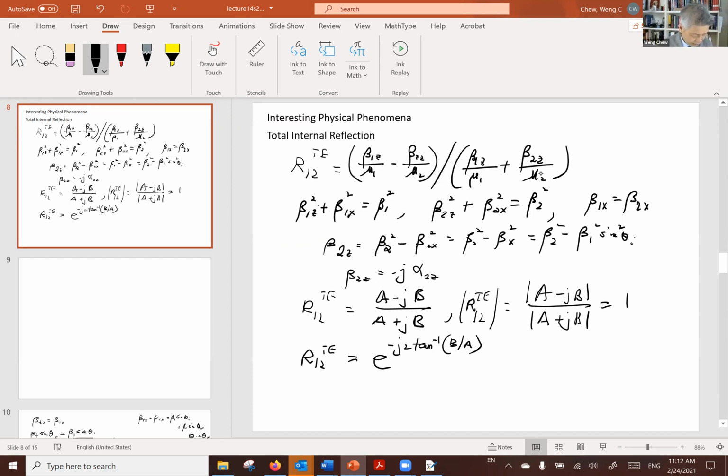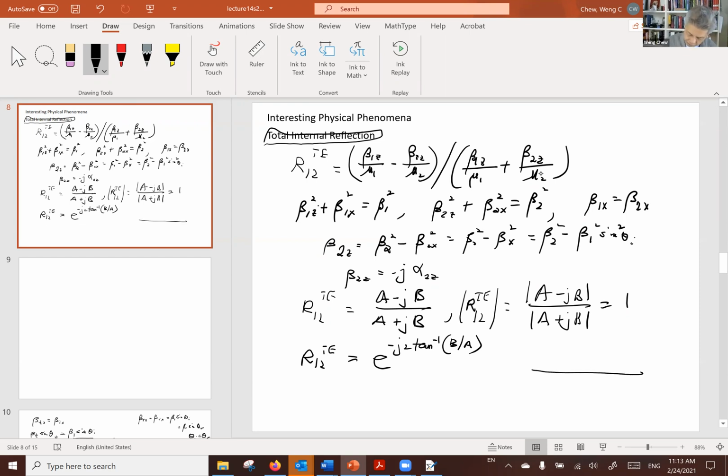And this is interesting. The magnitude is not changed. The reflected wave always has the same magnitude as the incident wave. This is called total internal reflection, which I've written up there. But the phase would acquire a phase shift.